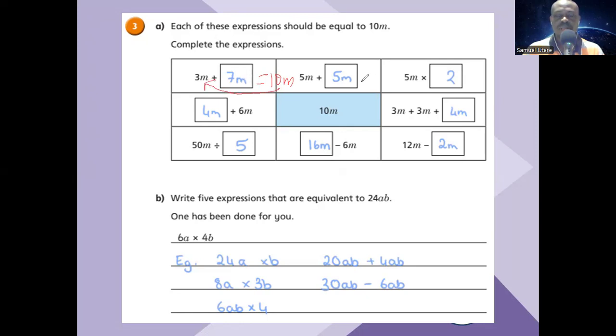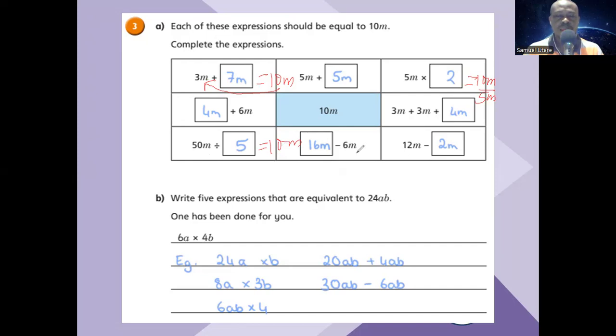Same with these. Here we can do 10m divided by 5m to find out what's missing. Here we could have done 10m minus 6m. Here we could have done 50m. So if we're looking for what we're going to be dividing 50m by to get 10m, we could do 50m divided by 10m.